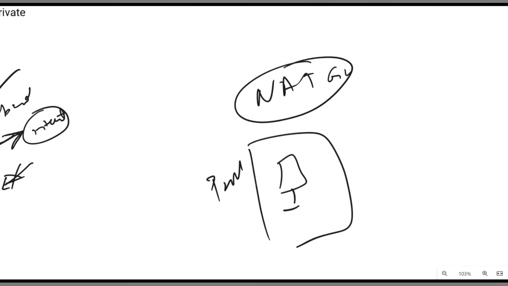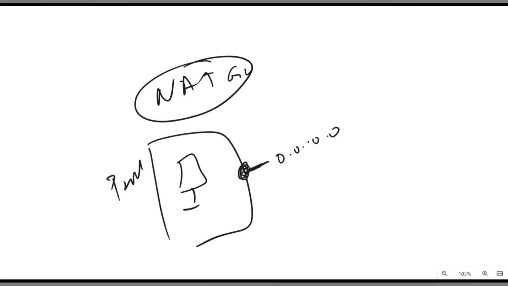You need to deploy a NAT gateway and add a route entry to this private subnet saying that if you want to go to the internet, for example 0.0.0.0/0, which is the internet representation, you need to go to the NAT gateway.